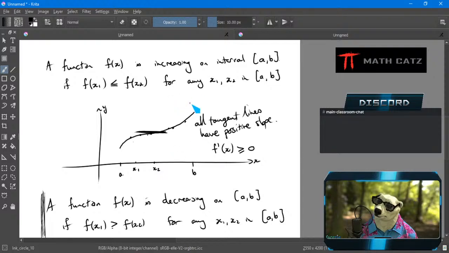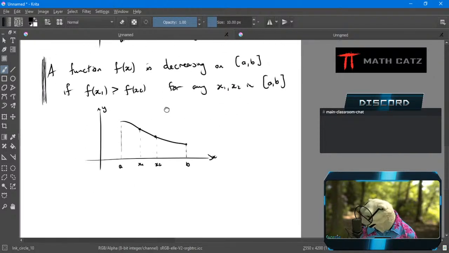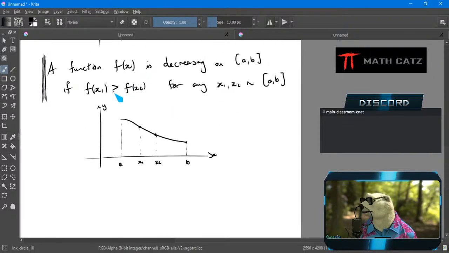But the nice thing is, it's the derivative. The derivative being greater than or equal to 0, and I'm increasing. So it's a very simple check to make. I just need positive or not negative slopes. Here it's going to be the same. Decreasing, I'm going to be okay and allow the equal sign for reasons I just said.